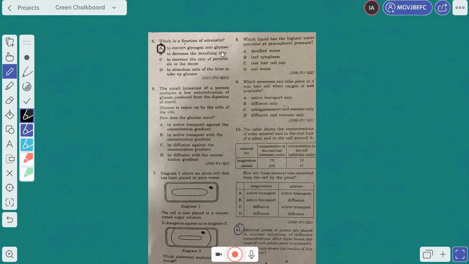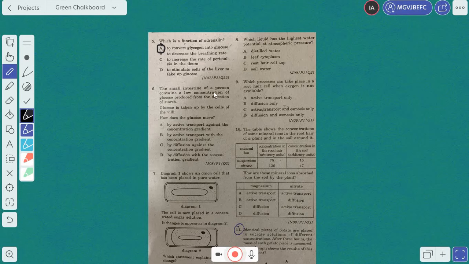So respiration happens at a faster rate. Well, why would adrenaline decrease your breathing rate? You need more oxygen, so that more oxygen is present to break down glucose in the process called respiration, making more energy. Now, peristalsis, ileum, and the liver are not related here. So the answer to 5 is A. B, C, and D are not related.